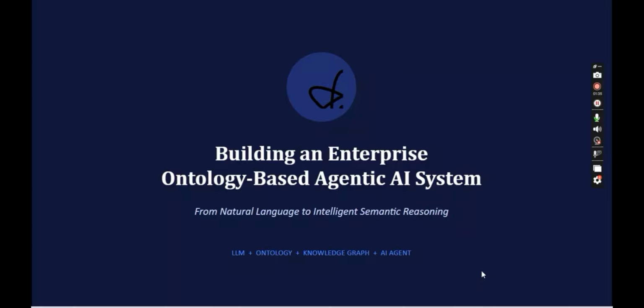By the end of this course, we will understand how to design an ontology-driven, knowledge graph powered agentic AI platform capable of answering complex domain specific questions while maintaining accuracy, explainability, and scalability.